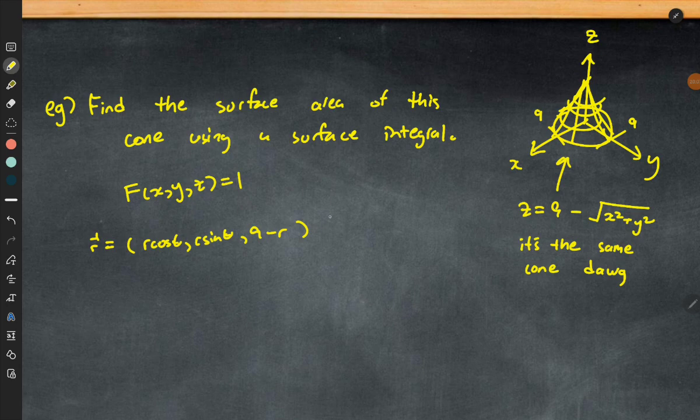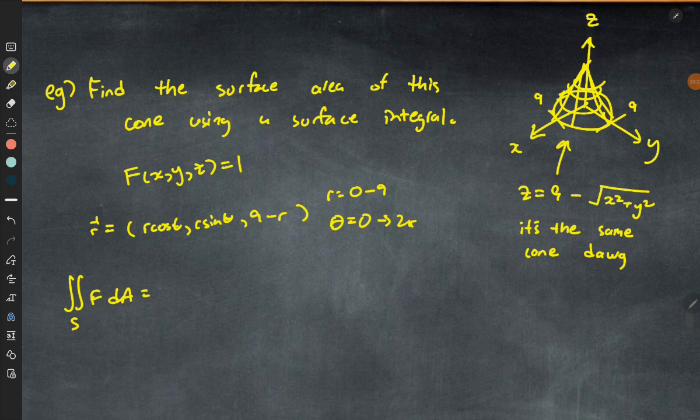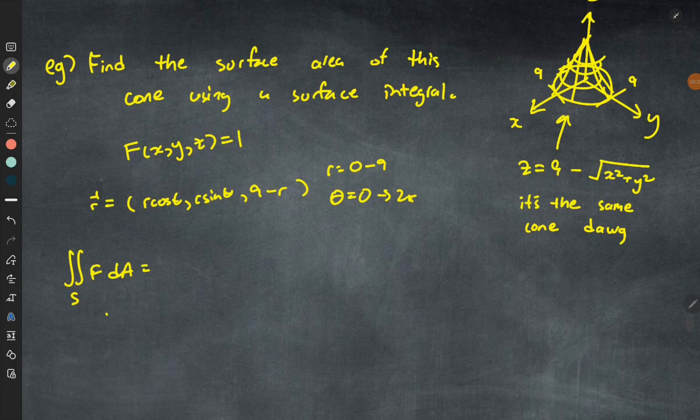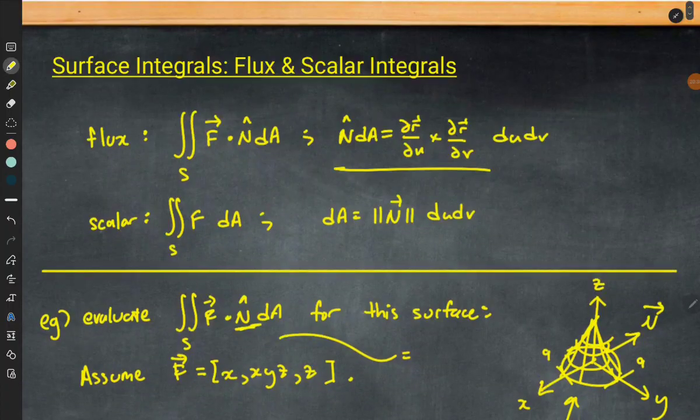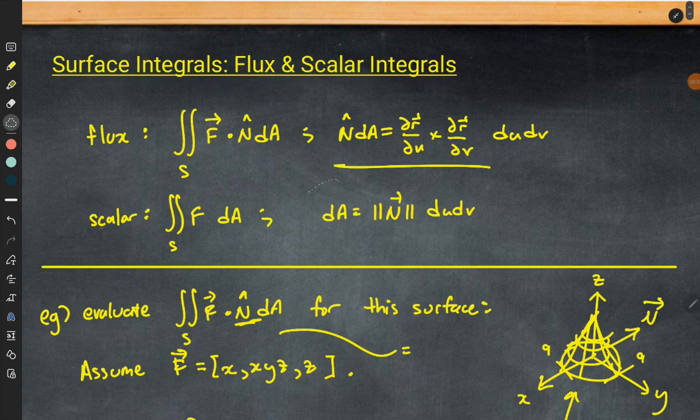And r goes from 0 to 9, and theta goes from 0 to 2 pi. The integral that we're going to set up will look something like this. F is just 1 because we're only looking for the surface area of this cone. And dA is the formula that we're going to use to find dA.